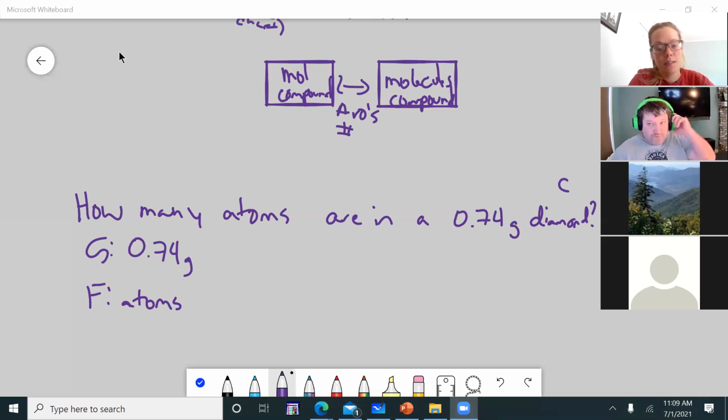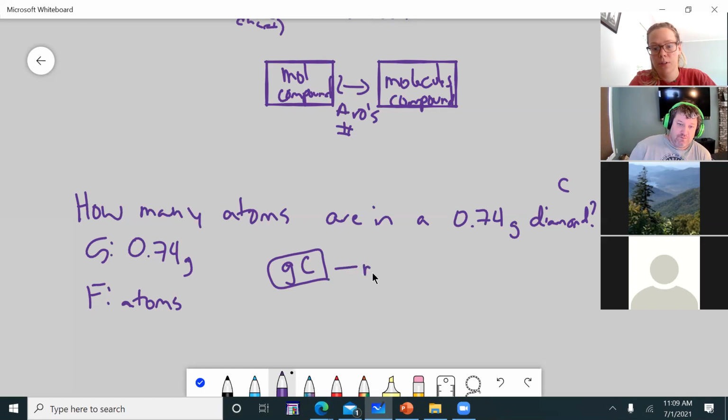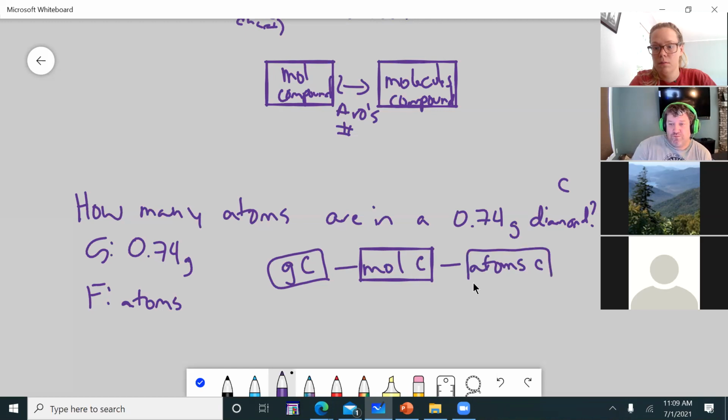Okay, so this is a two-step problem. We're going from grams of carbon. We got to get that first into moles of carbon, and then from moles of carbon, we'll get it into atoms of carbon. So 2 steps.